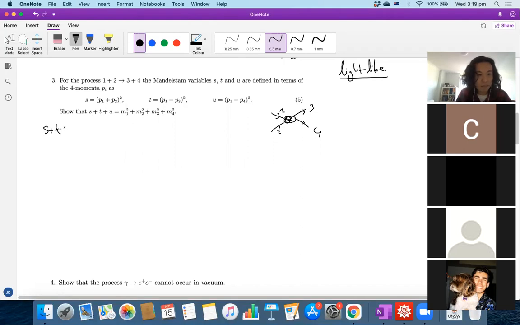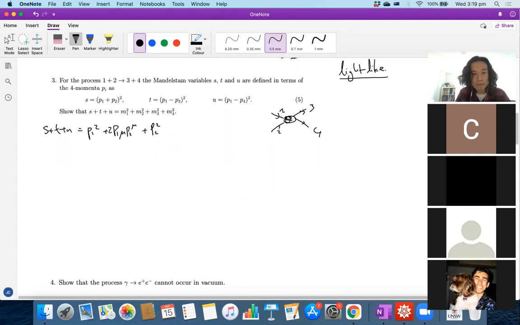So S plus T plus U will just be this one squared: P1 squared plus 2 P1 mu P2 mu plus P2 squared. Remember, if there are no Lorentz indices and I say squared, explicitly you have to write repeated indices to show that you're summing over them to take the inner product. But if it's just by itself, you can just put the square, and that's implicitly telling people that it's an inner product.